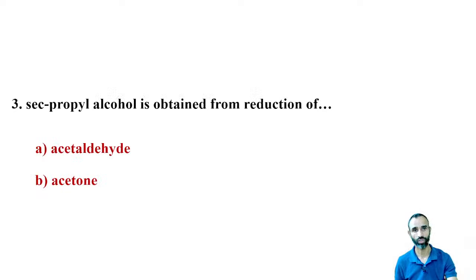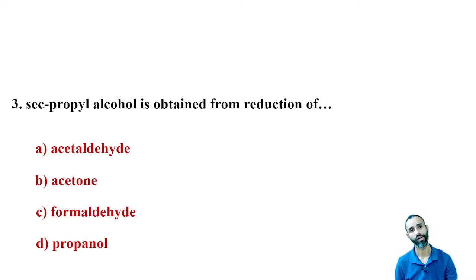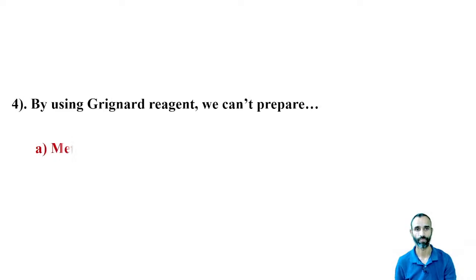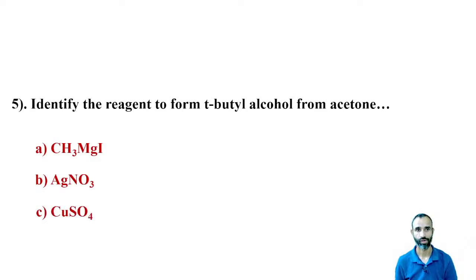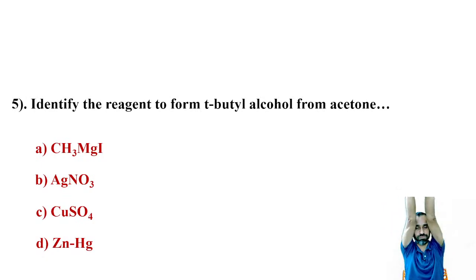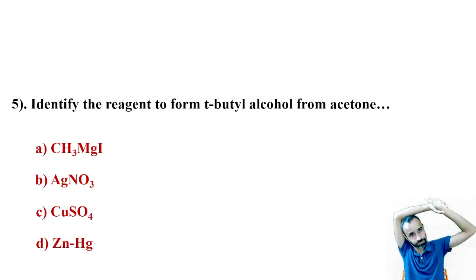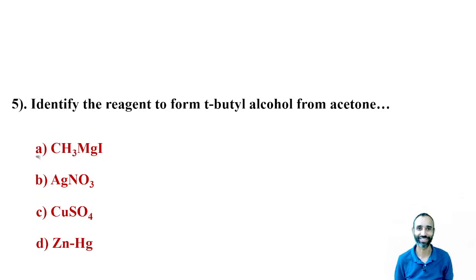Secondary alcohol is obtained from reduction of ketone. So by using Grignard reagent, we can't prepare methanol. Identify the reagent to form tertiary butyl alcohol from acetone. Yes, Grignard reagent.